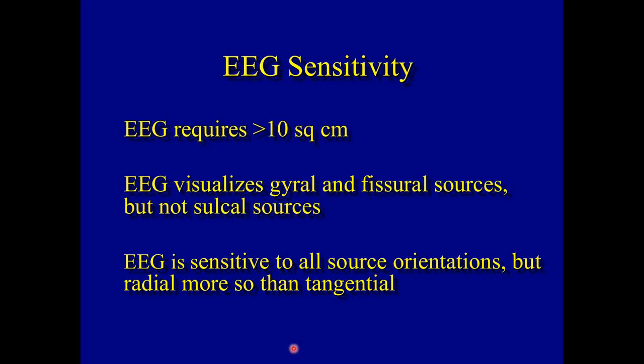So the EEG tends to visualize convexity cortex, gyral, or big fissures, but not individual sulci, because if you need 10 square centimeters of active cortex, both sides of the sulcus are probably active, and therefore their fields will cancel. Theoretically, EEG is sensitive to all source orientations, but it's more sensitive to radial than it is to tangential.